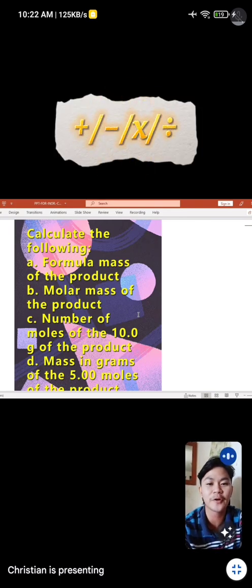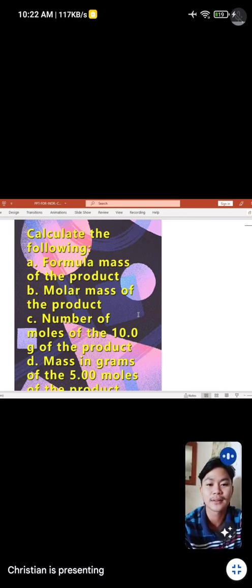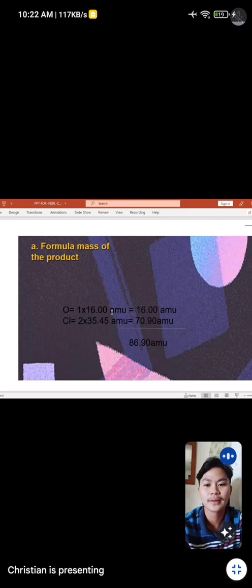Calculate the following. Formula mass of the product. The oxygen equals 1 times 16.00 atomic mass unit, which equals 16.00 atomic mass unit.